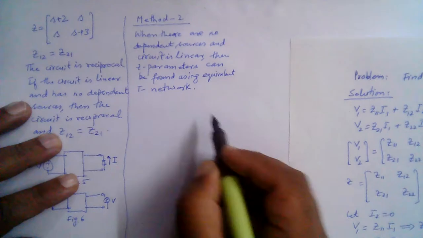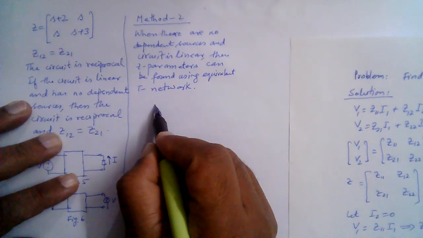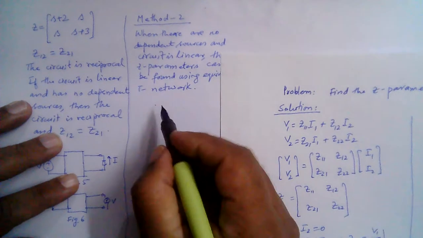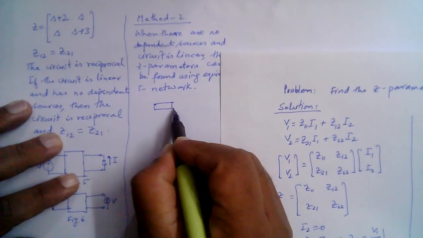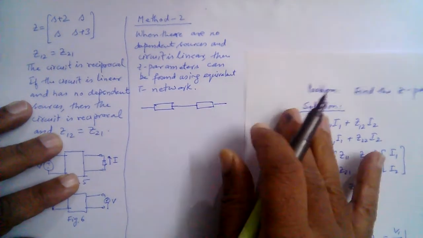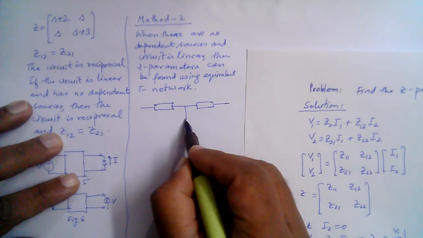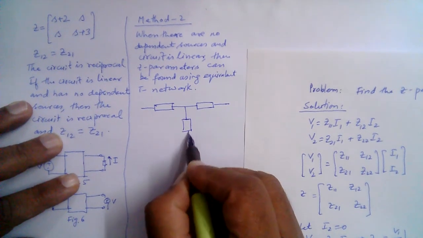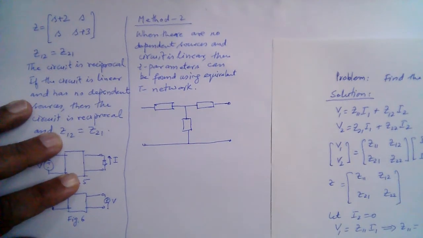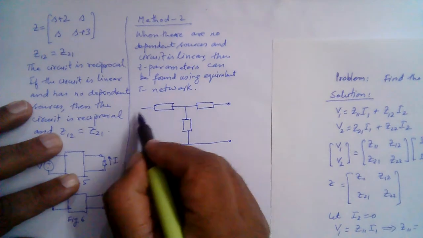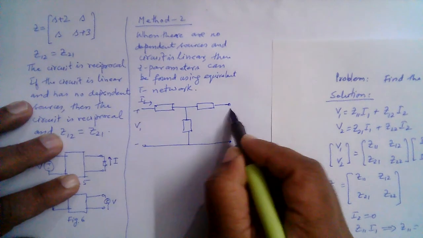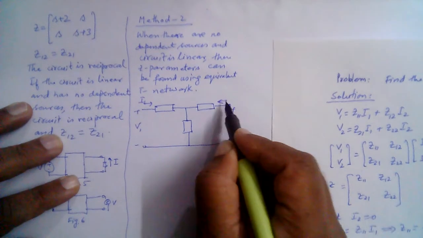So the equivalent T network, the given network also is in T form, right? So we can compare it with the given T network. This is V1, this is I1, this is V2, and this is I2.